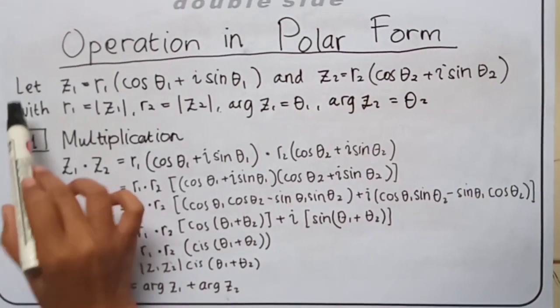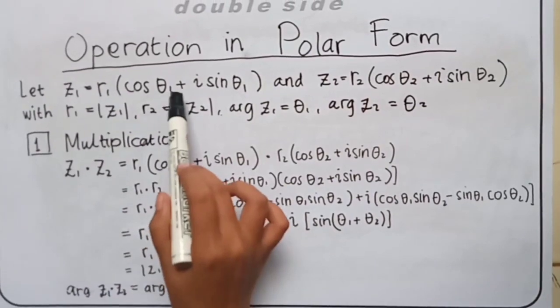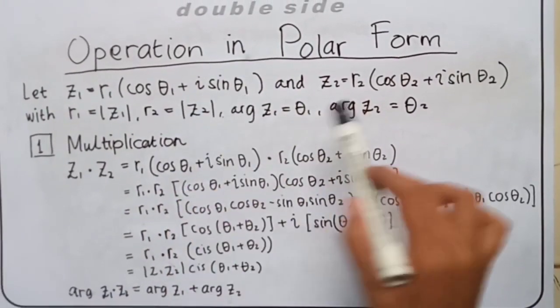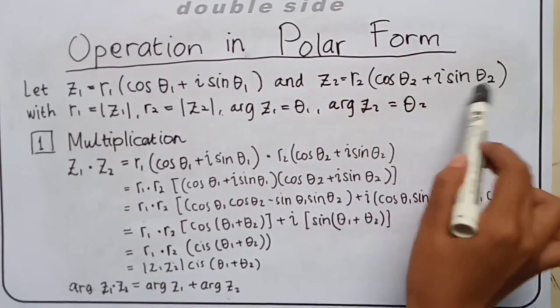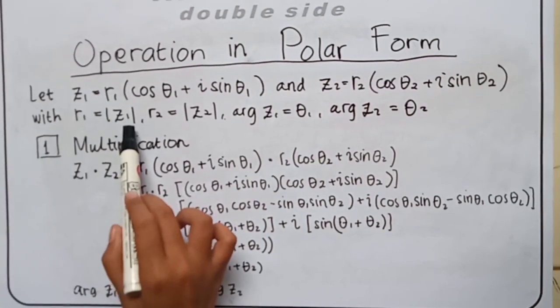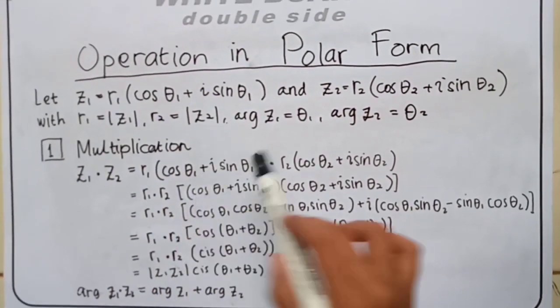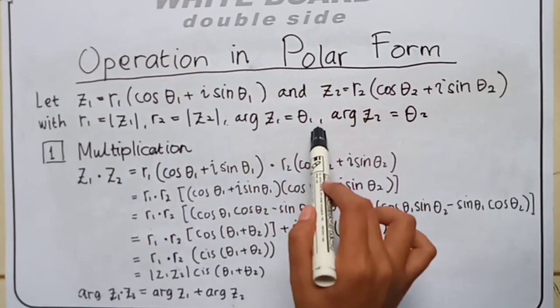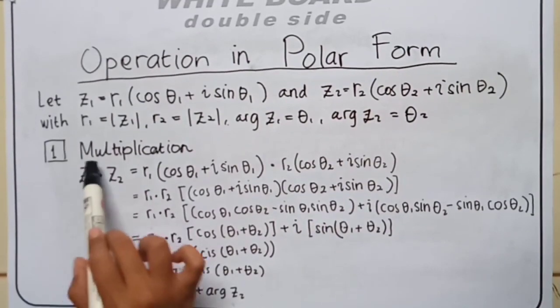Look at here. Let z1 equals r1 (cos theta 1 + i sin theta 1) and z2 equals r2 (cos theta 2 + i sin theta 2), with r1 equals the absolute value of z1 and r2 equals the absolute value of z2, and arg z1 equals theta 1 and arg z2 equals theta 2. Now look at the multiplication.